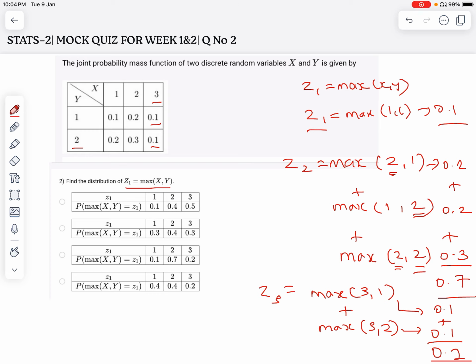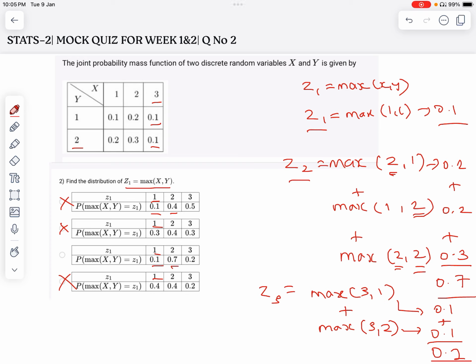If you look at the answer options, comparing and contrasting all 4 options for the maximum of X and Y, definitely option 2 and option 4 are wrong answers. So the possibilities are option 1 and 3, where the value for 1 is 0.1. Now the value for 2 is 0.7, but the first option gives 0.4, therefore the first option is the wrong answer.